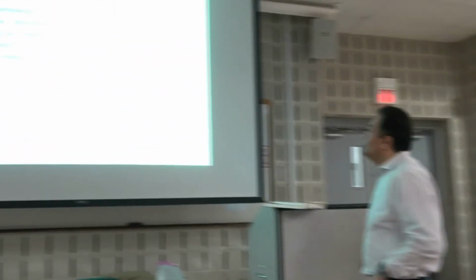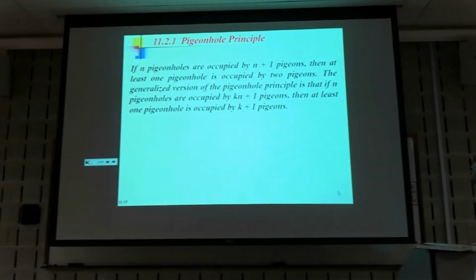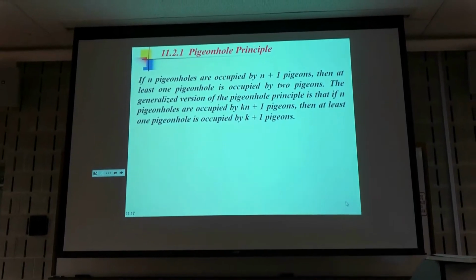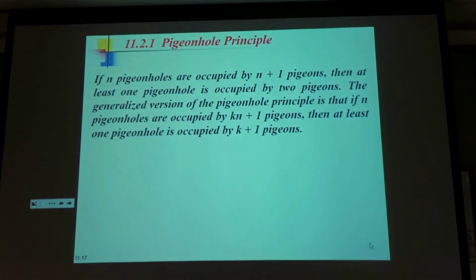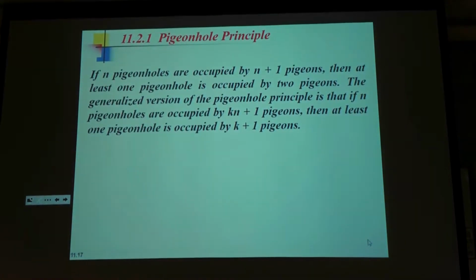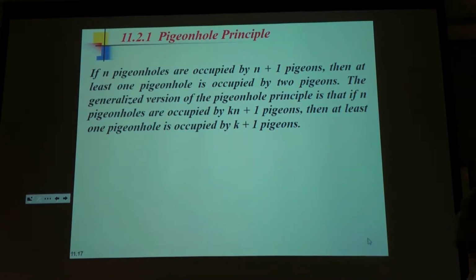The problem is the size of the message is big and the size of the digest is small. So it is very likely that you'll find a lot of messages for each digest, right? So if n pigeonholes are occupied by n plus 1 pigeons, then at least 1 pigeonhole is occupied by 2 pigeons.